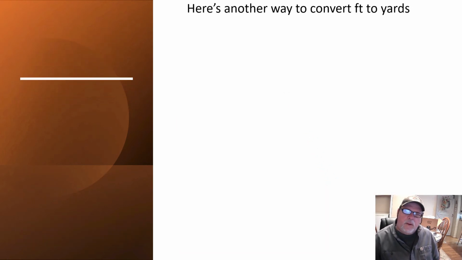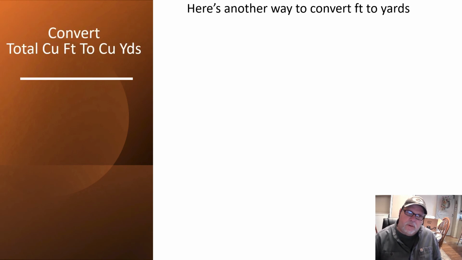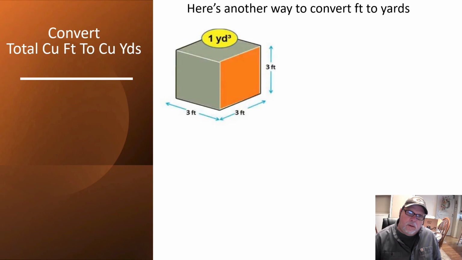Now here's another way to convert feet to yards. Look at this cube. What's the size of it? 3 feet times 3 feet times 3 feet. Right? 3 feet is a yard, so that's 1 cubic yard. 3 feet across, that's 1 yard. 3 feet deep, that's another yard. 3 feet high, that's a yard.